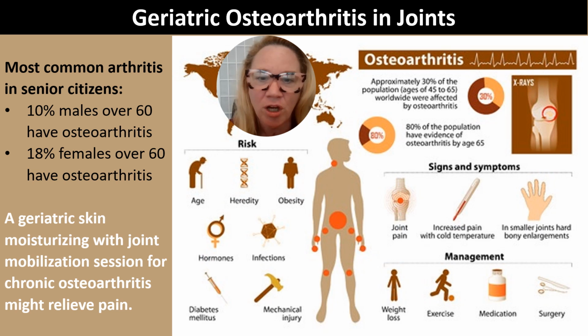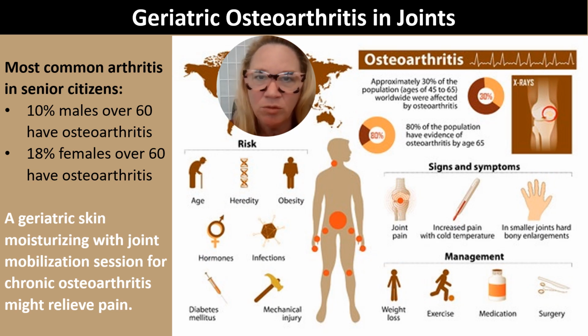Also, age and obesity can contribute to wearing of the joints in an osteoarthritis situation. Women are more prevalent to have osteoarthritis more so than men. Hormones, infections, and diabetes mellitus, as well as mechanical injury, can all increase your risk of osteoarthritis.